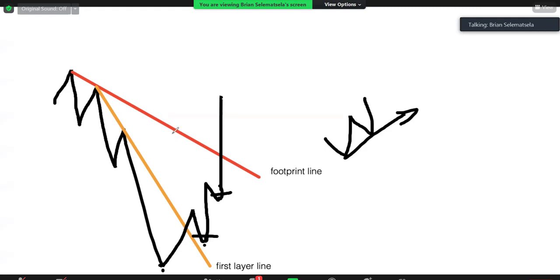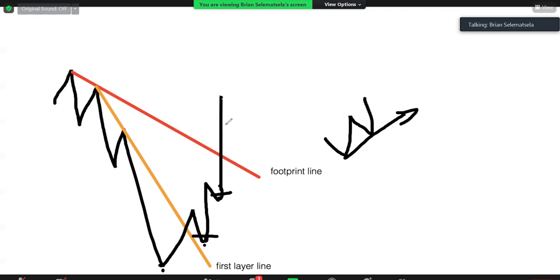And from there, after you add more trades, as the market continues going in your direction, if you are able to draw your full setup, whereas you draw the footprint line, and after that you draw the first layer line, that's what we're looking for, because at the end of the day, you must know when to actually close the buy trades that you took.